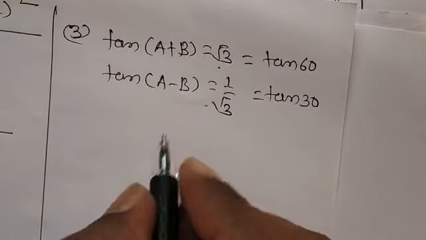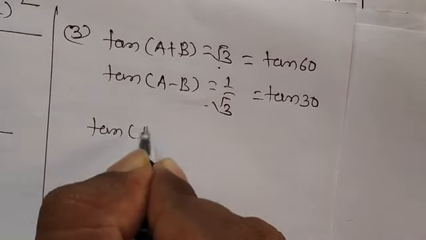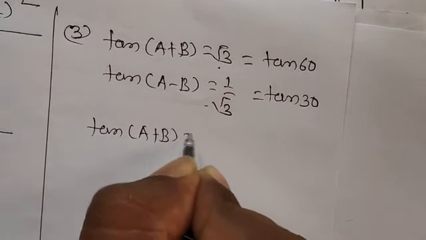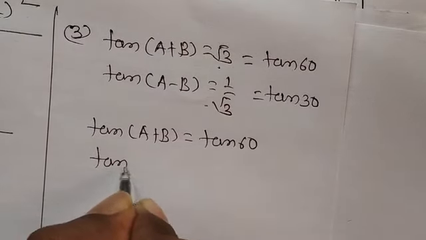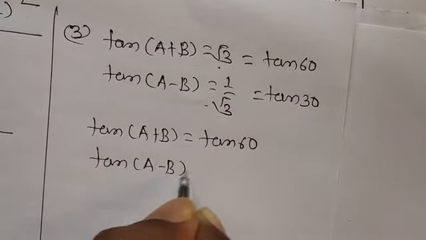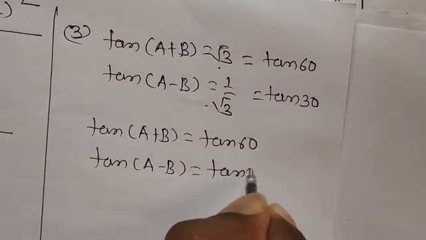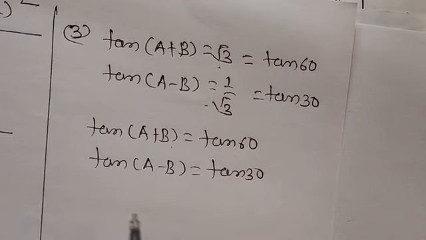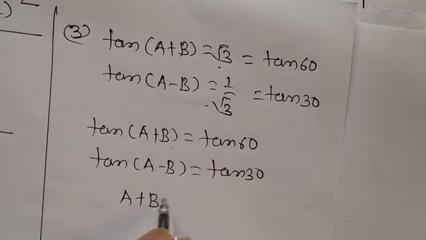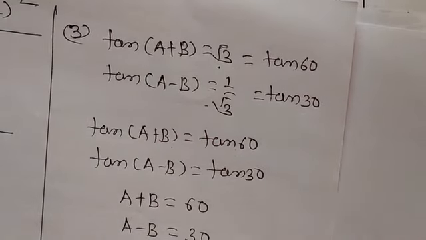Then you can write here: tan a plus b is equal to tan 60 and tan a minus b is equal to tan 30. Then using this, tan a plus b value is tan 60, means a plus b is equal to 60 and a minus b is equal to 30.